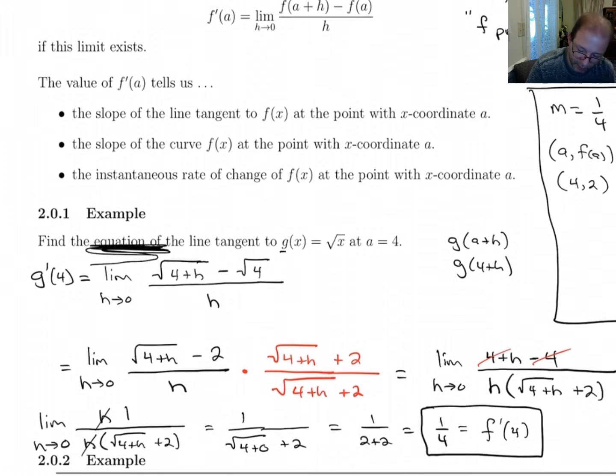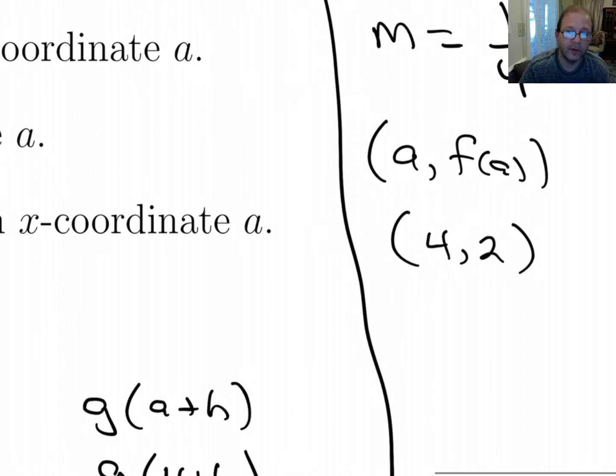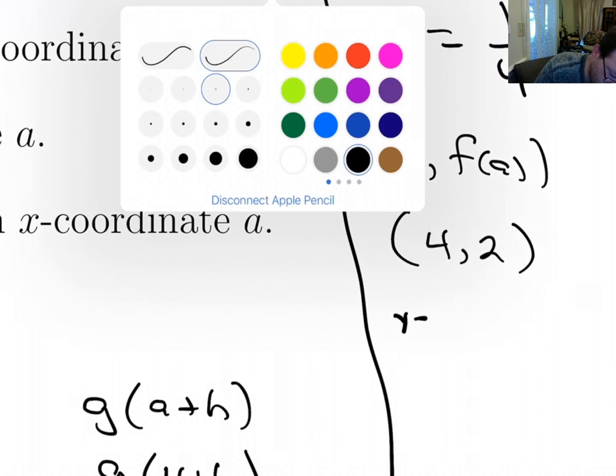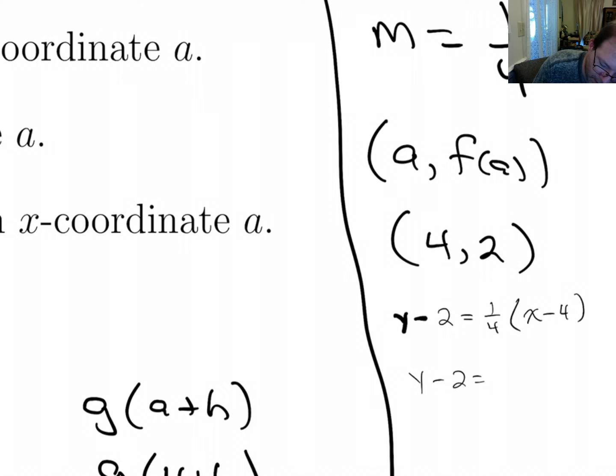So I realize I'm cramming this in. Let's do this. So y minus 2 is 1/4 times x minus 4. So we get y is 1/4 x plus 1.